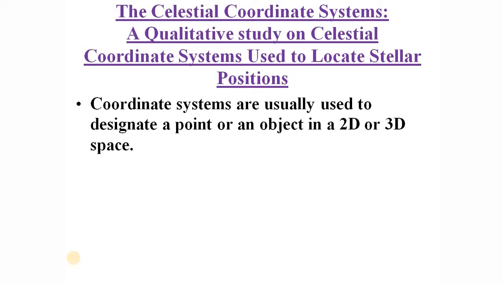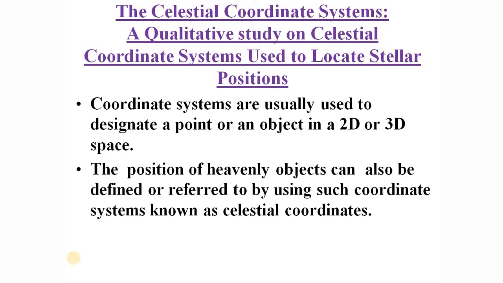Using a three-dimensional coordinate system, we can represent a point in space also. So when we come to astronomy, where we deal with heavenly objects, the position of heavenly objects can also be defined or referred by using such coordinate systems. That is known as celestial coordinates.